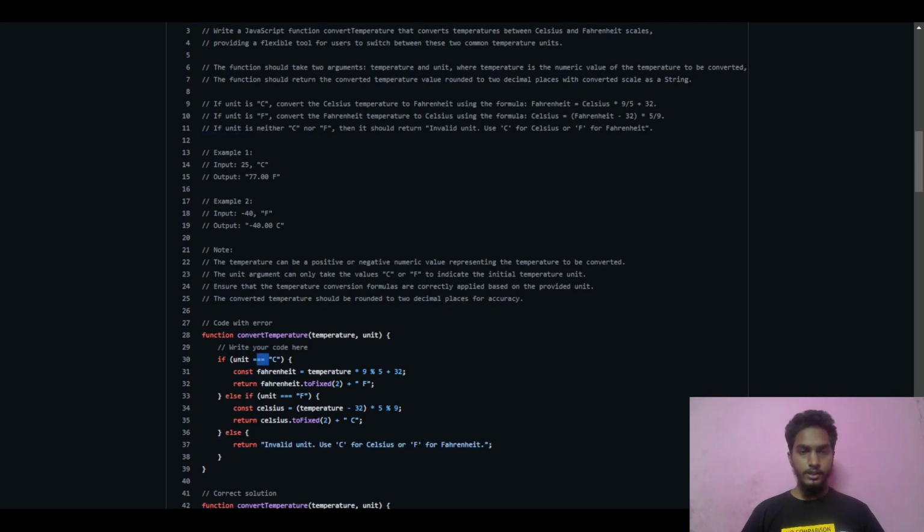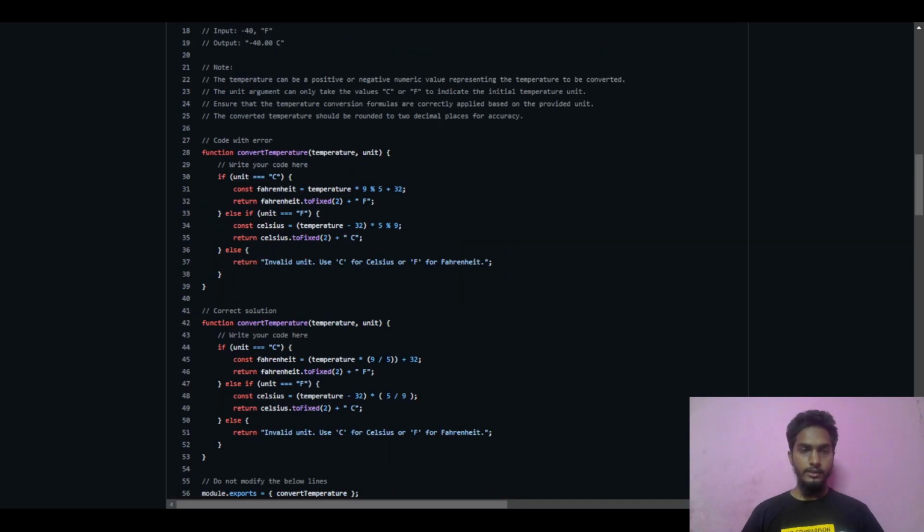Then in the first condition, you can see that the formula for converting to Fahrenheit is incorrect because it's temperature times 9 by 5, but it's doing temperature times 9 modulo 5 plus 32. And same here, the formula for converting to Celsius is incorrect. It's Fahrenheit subtract 32 times 5 by 9, but it's doing modulo 5 by 9.